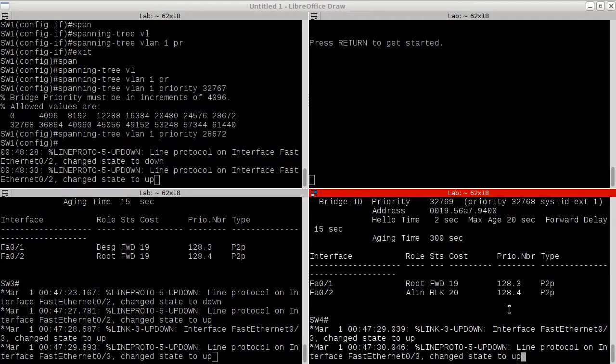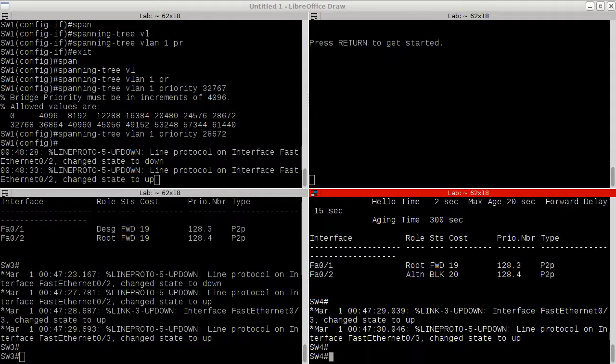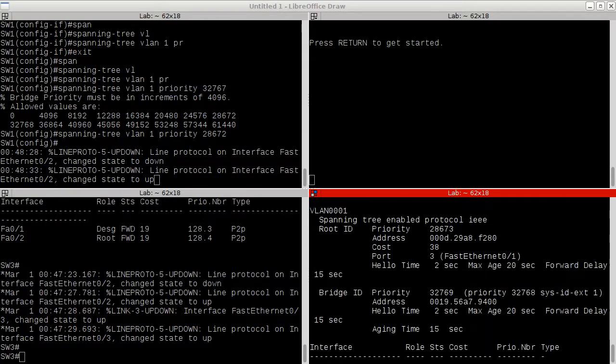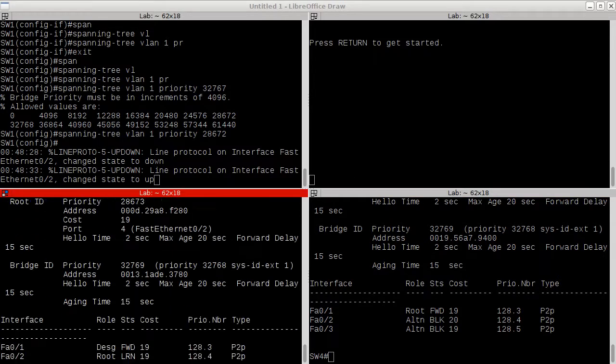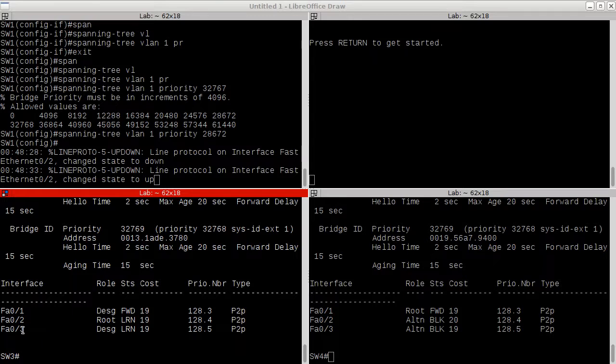So we can see that Fast Ethernet 03 just came up on each of those. Okay, we can see on this side, both 1 and 3 are designated ports, and on this side, 1 and 3 is either a root port or an alternate port.